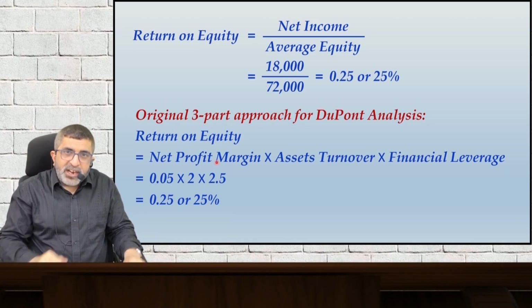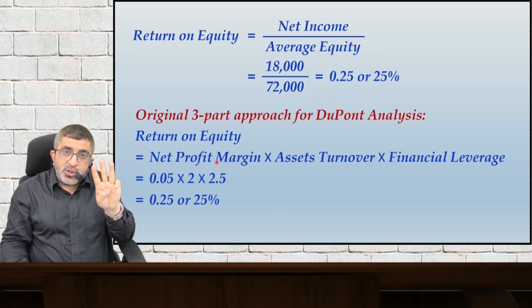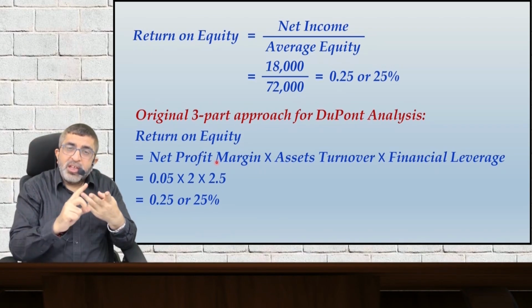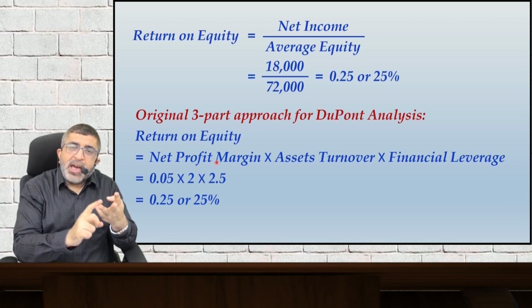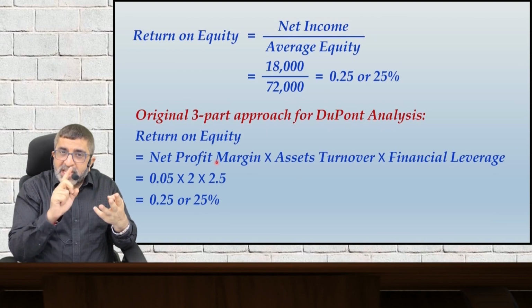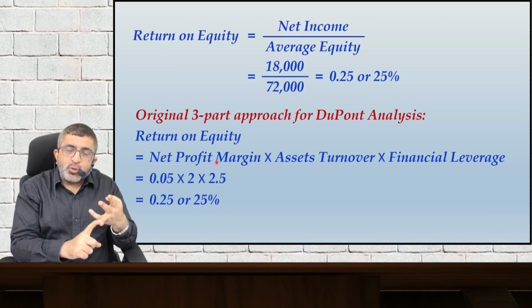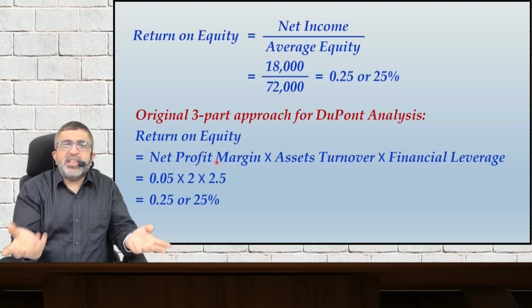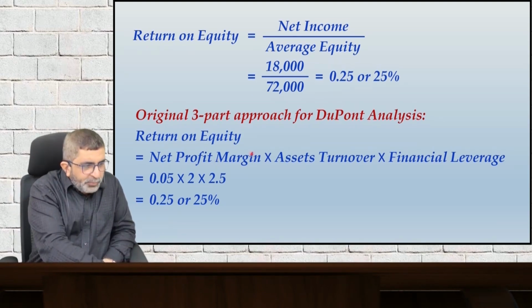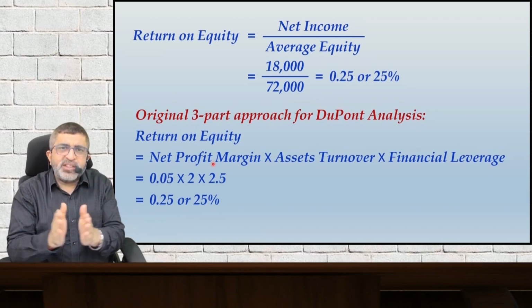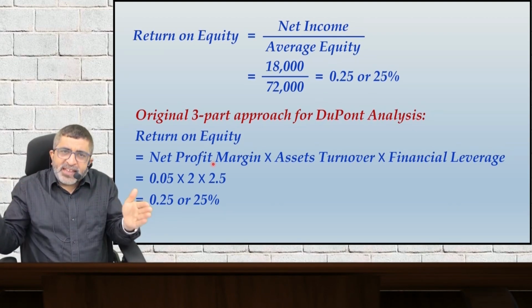Net profit margin itself is a product of 3 terms, that will be tax burden, interest burden, and the EBIT margin. So you take EBIT margin. To that you multiply interest burden and tax burden, you will be getting the net profit margin. So net profit margin, if you further break down into those three components, that will be the extended form.